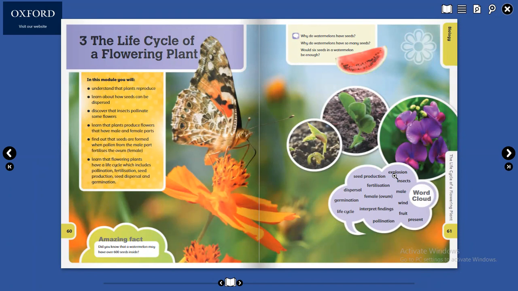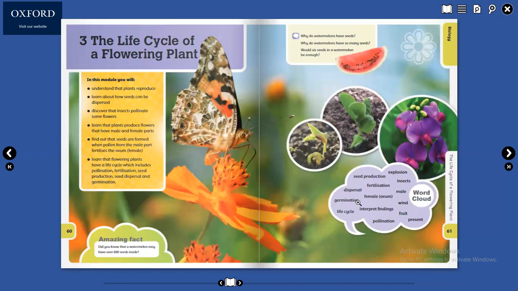Pollination, seed production, insects, fertilization, dispersal, female, ovum, male, generation, wind, interpret findings.